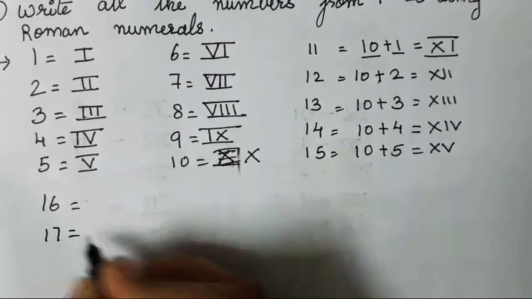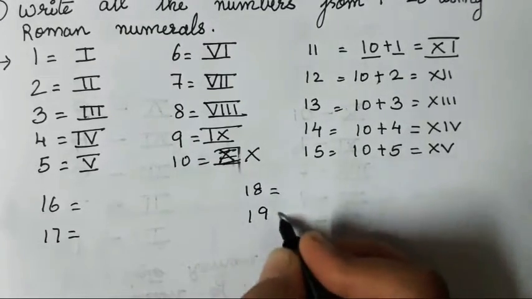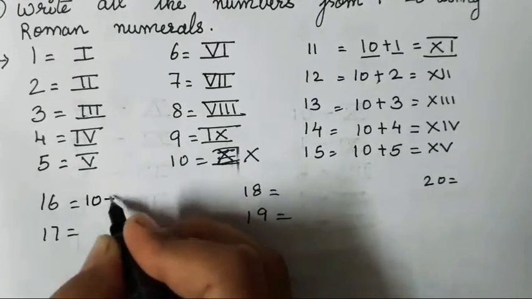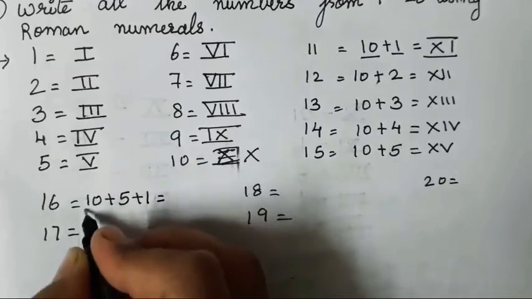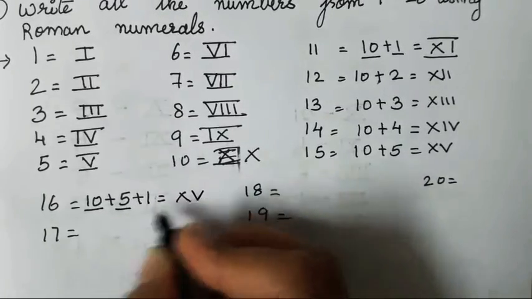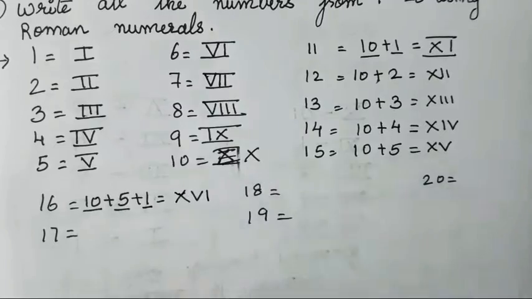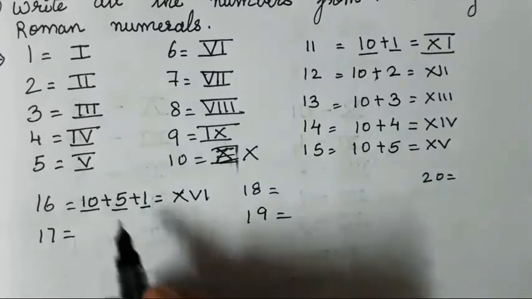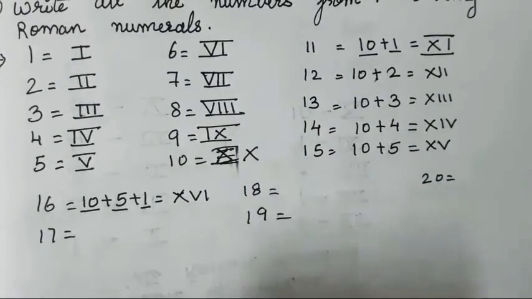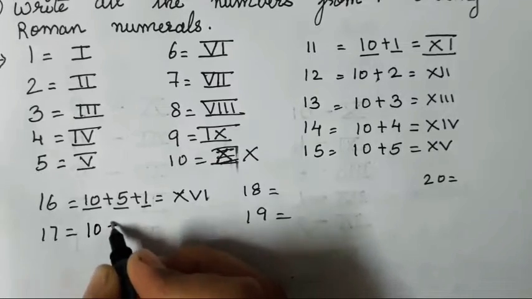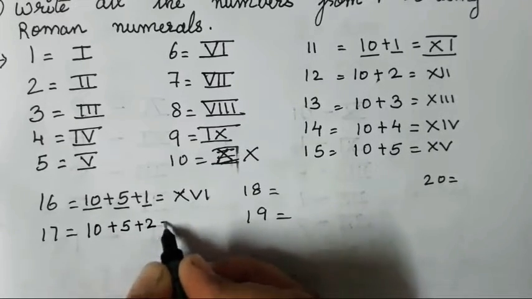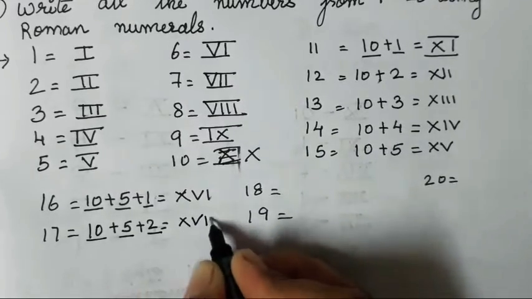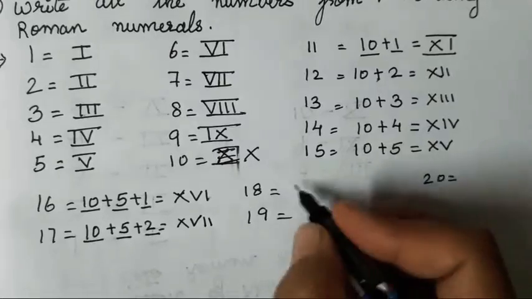16, 17, 18, 19 and then 20. Okay, so 16 again, 10 plus 5 plus 1. So 10 means X, 5 means V, 1 means I. Alright, 17 you all can write in this way also: 5 plus 2 means 7, or you all can break it in this way, 10 plus 5 plus 2. 10 means X, 5 means V and 2 means double I. Got it? 18.